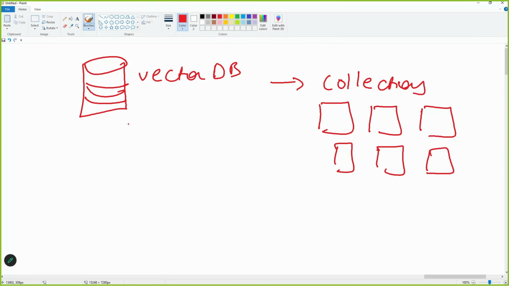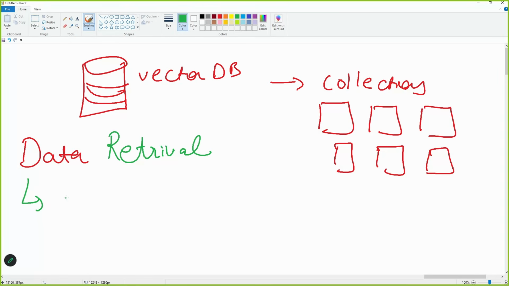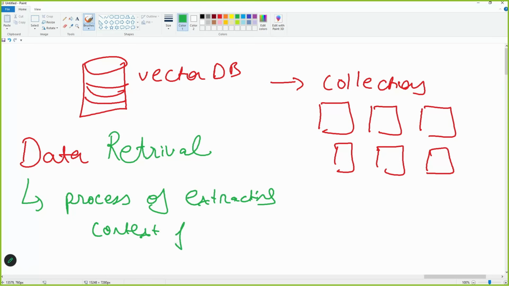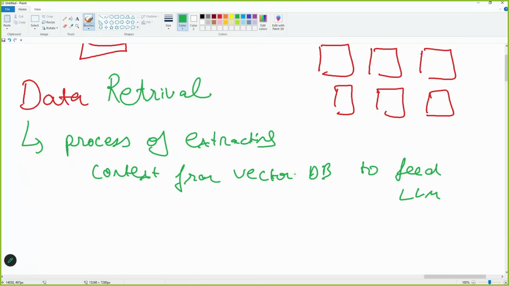This is stored in the vector database. We are proceeding towards the next pipeline. Data retrieval is the process of extracting context from the vector DB to feed our large language model, so that our large language model can give us a better response.